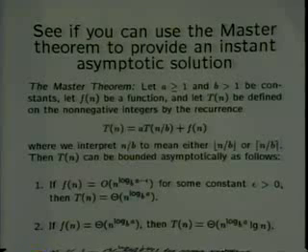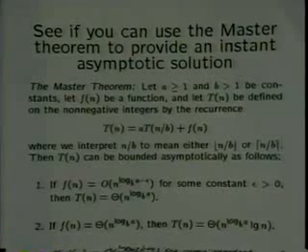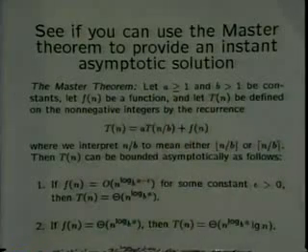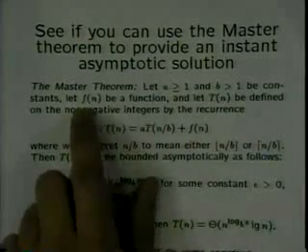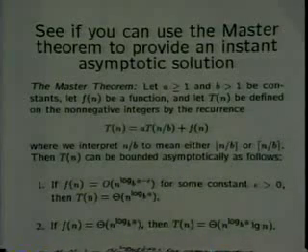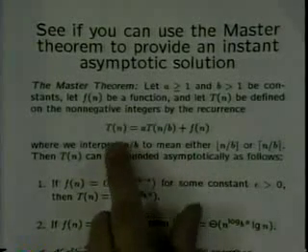What is the master theorem? The master theorem states as follows. You've got two constants, a and b. You've got a function, f of n, and you've got a recurrence relation that looks something like this.